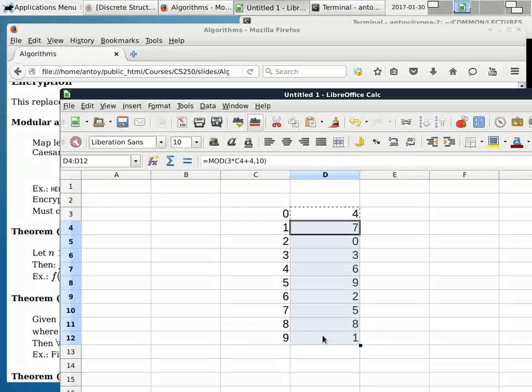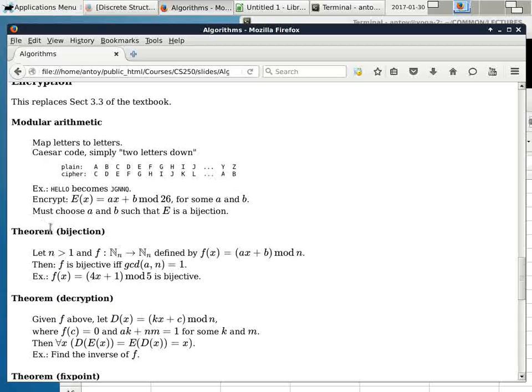Now I wanted the decryption. For the decryption, I have to solve AK plus NM equals 1. What is A? A was 3. What is N? N was 10. Who can find the K and the M?